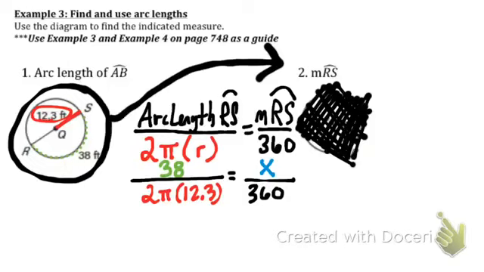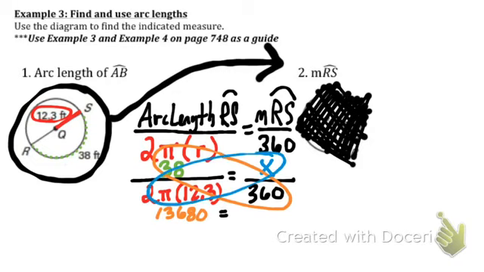Now to solve this proportion, I have to cross multiply. My first set of cross products, 38 times 360, ends up being 13,680, equal to my other set of cross products, which is x times 2 pi times 12.3. I'm going to divide both sides by 2 pi times 12.3.